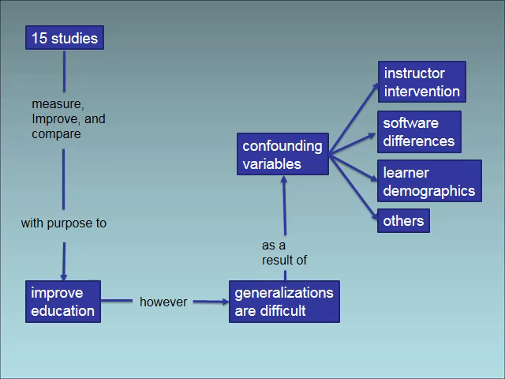There are implications and recommendations that can be considered by educators and researchers for interaction. A difficulty with making generalizations and comparing studies that measure interaction are confounding variables that could be at play, like instructor intervention, specific software being used on a device, learner demographics, and many more possible influences.